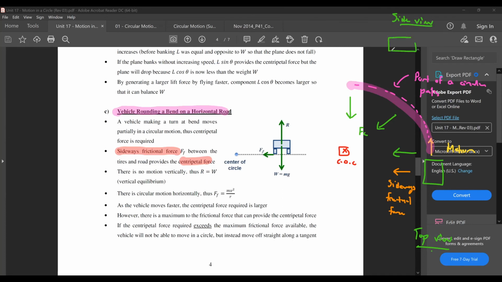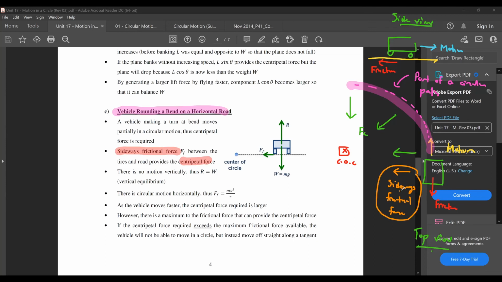You will be thinking, if my car is moving like this, say this is my motion, isn't my friction supposed to be in this direction, opposing my motion? Yes, you are correct in saying that. In the case here, my car is moving forwards, so there should by right be friction opposing its motion. But at the same time, there's also a component of the friction that is acting sideways, which is this one.